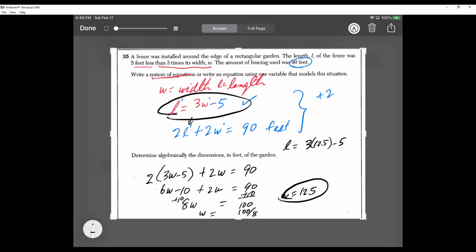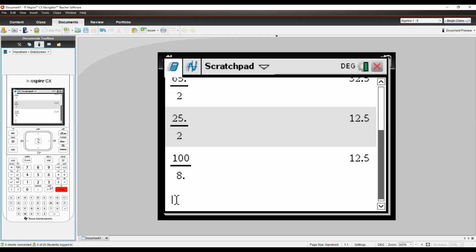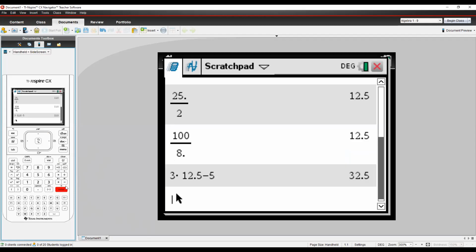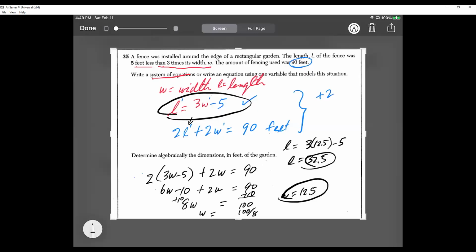So 3 times, and I'm just going to copy this, and then subtract 5. That gives me 32.5, which is what we already knew. So those would be our two answers, 32.5 and 12.5, and we did it algebraically. This would be 2 points.